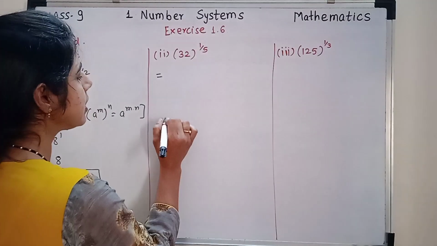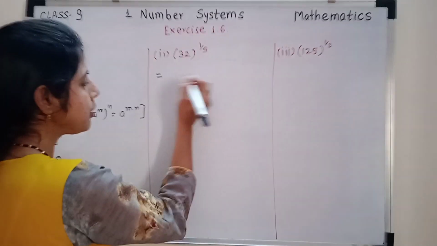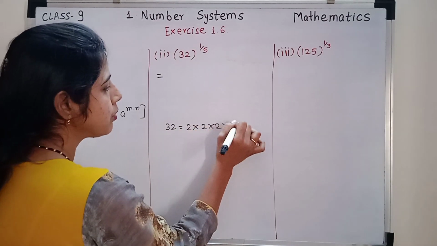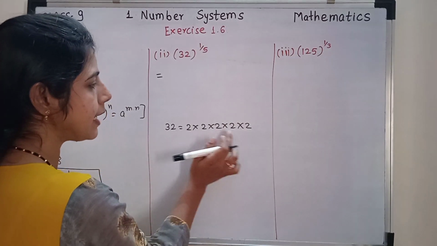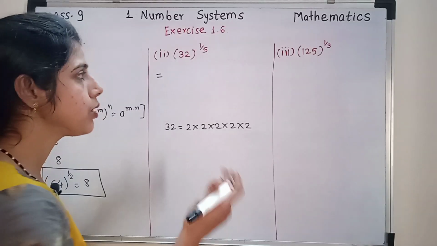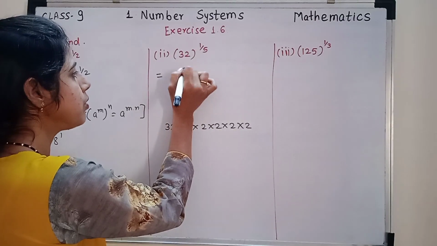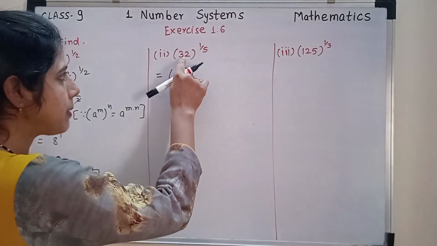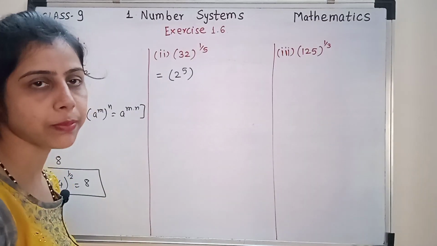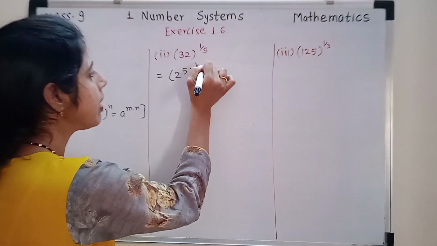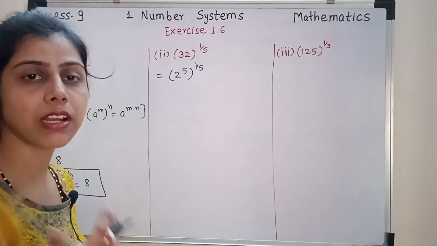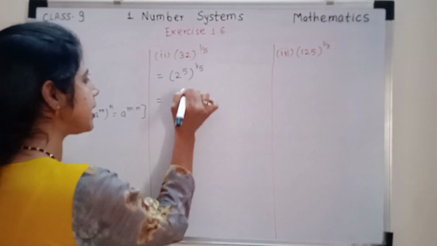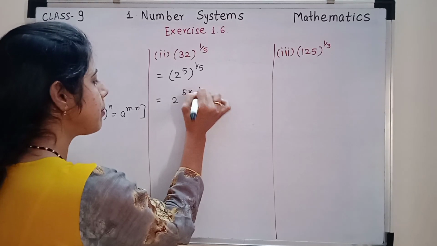Now if we observe, how can we write 32? 2 into 2 into 2 into 2 into 2: 2 to the 4, 4 to the 8, 8 to the 16, 16 to the 32. So 32 can be written as 2 raised to 5th power. So I have written 32 as 2 raised to 5th power, but here it is raised to 1/5. We have just seen that if there is a power of a power, then the powers should be multiplied. So this will be 2 raised to 5 into 1/5.